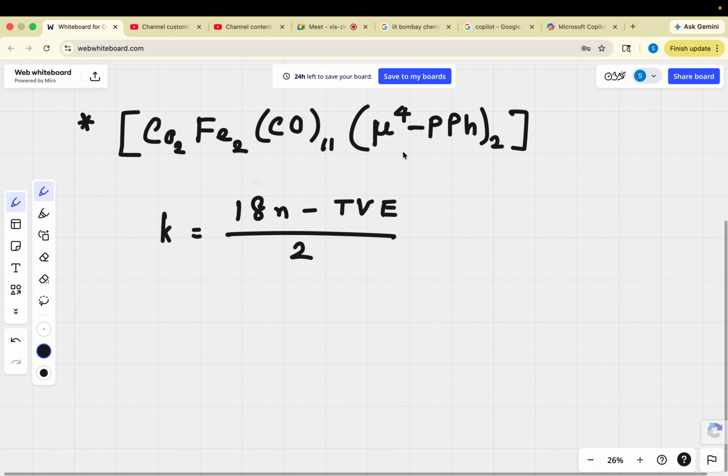N is equal to your number of metal atoms. The answer is 2, sir. 2, no, check.